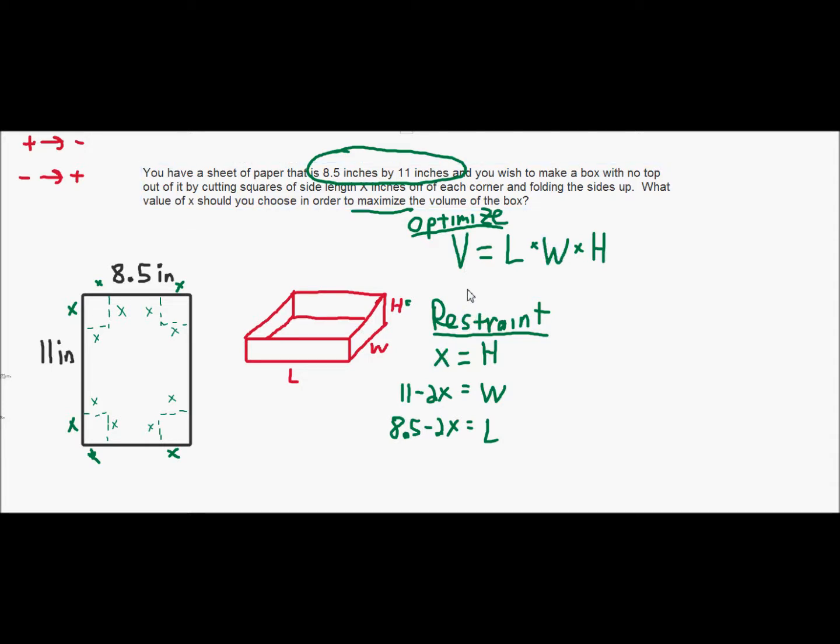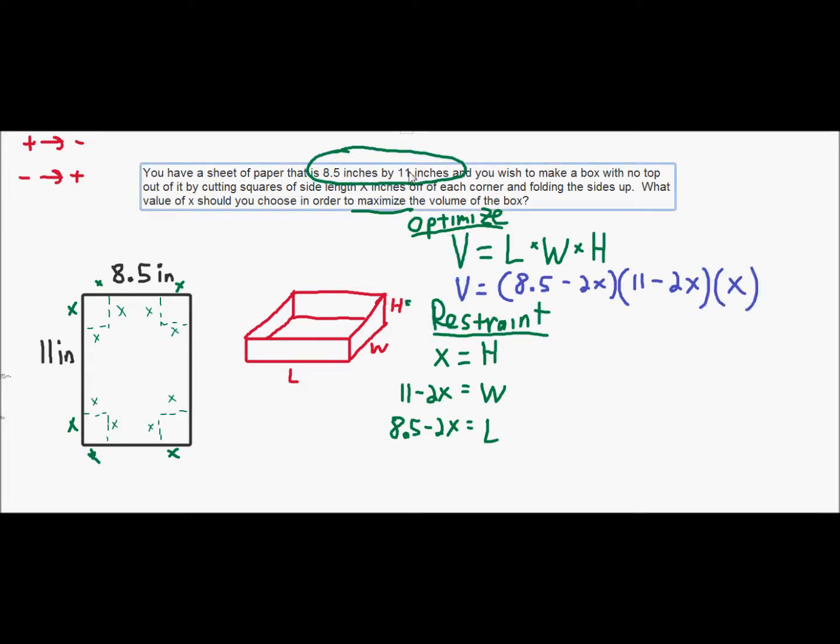So we're going to rewrite volume, and it's going to be the length, which is 8.5 minus 2x, times the width, which is 11 minus 2x, times the height, which is just x.